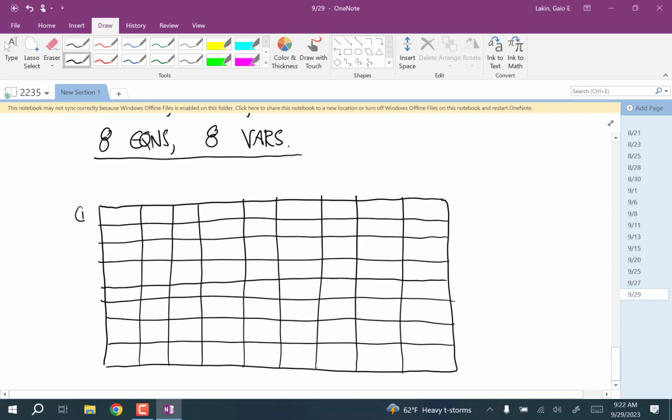Okay, so this row is equation 1, 2, 3, 4, 5, 6, 7, 8.